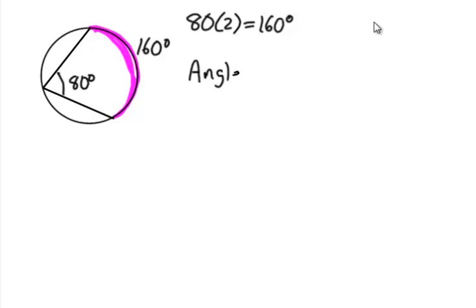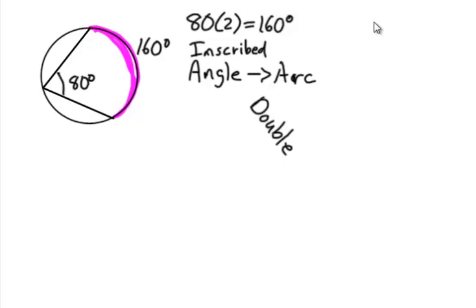So if I do 80 times 2, I get 160 degrees. We're going to do more practice with this in class. So when you go from the angle to the arc, we want to double it. Again, that's the inscribed angle to the arc, you double.